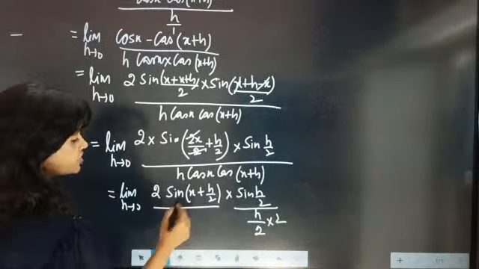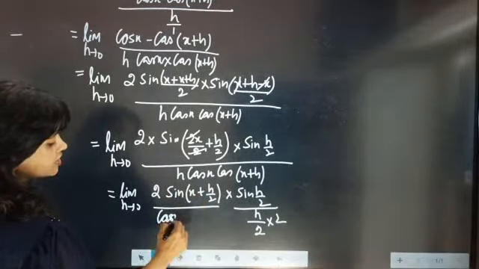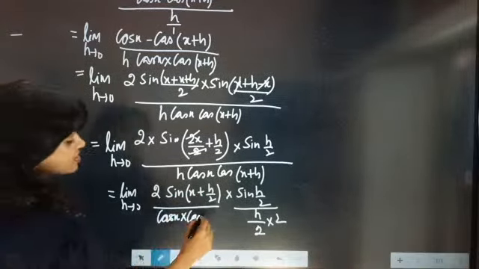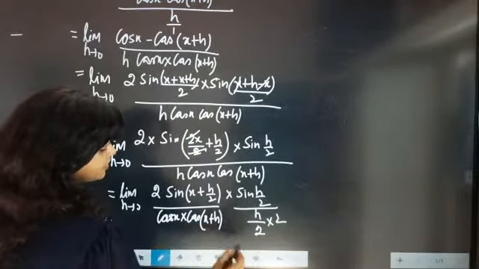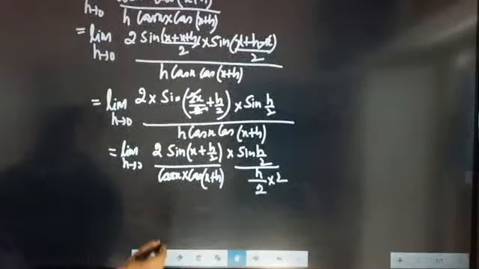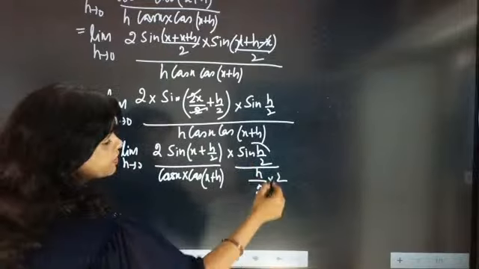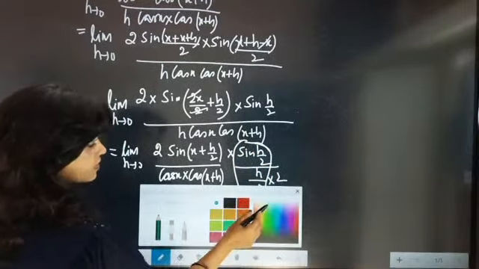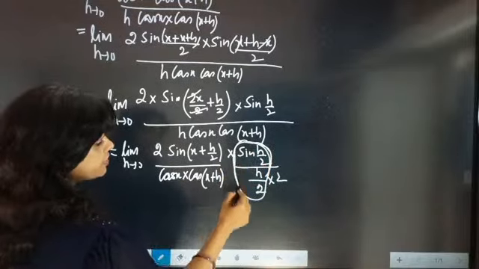And the denominator section is cos of x into cos of x plus h. Now next, we know that sine of h by 2 divided by h by 2 will become 1.